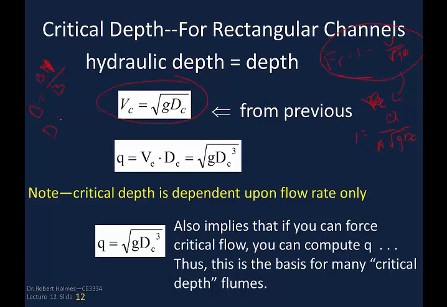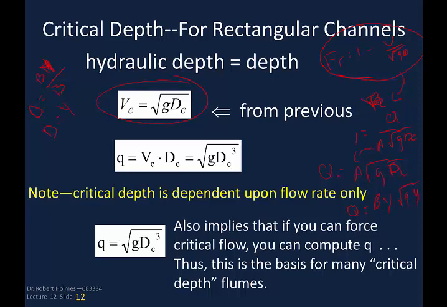So for a rectangular channel, D, the hydraulic depth, is equal to simply the depth, y. I can look at this and rearrange it and say that Q is equal to A square root of g times the hydraulic depth. And for a rectangular channel, Q is equal to b times y square root of g y.